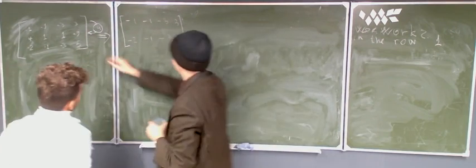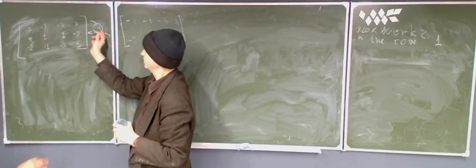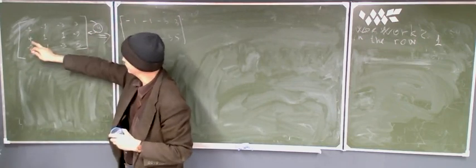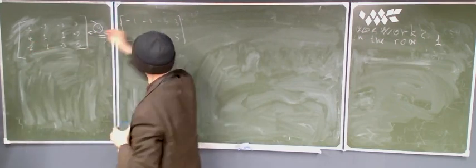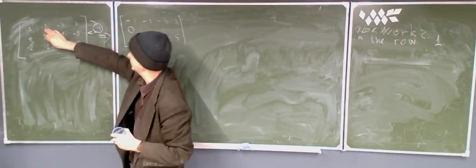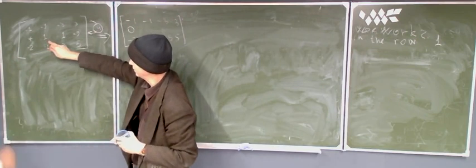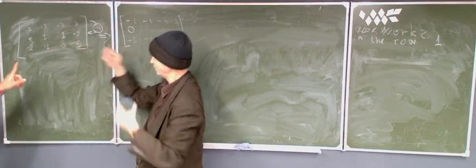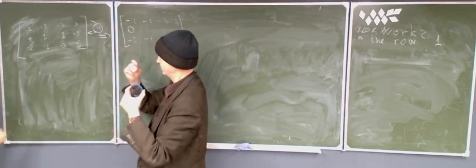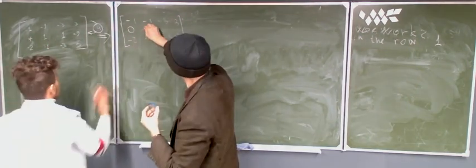So we take this number -1, multiply by 4. This is -4, and then add -4 to this 4, and it will be 0. Then we take this -1, multiply by 4, -4, plus 1, that is -3.